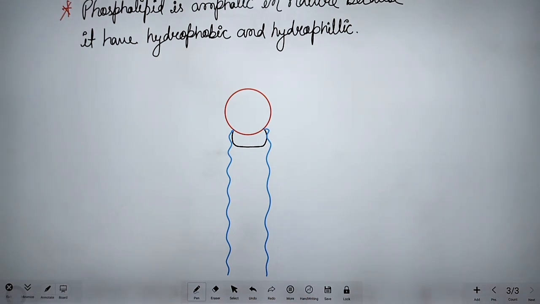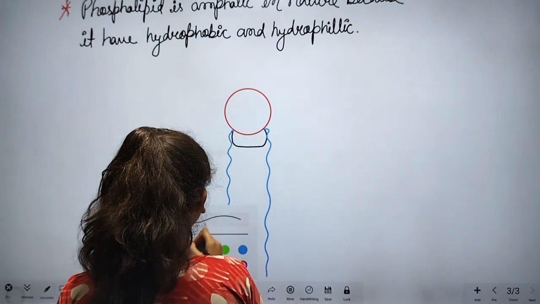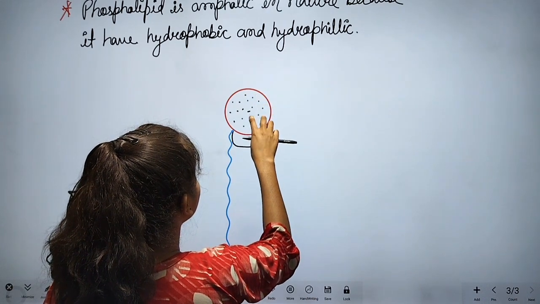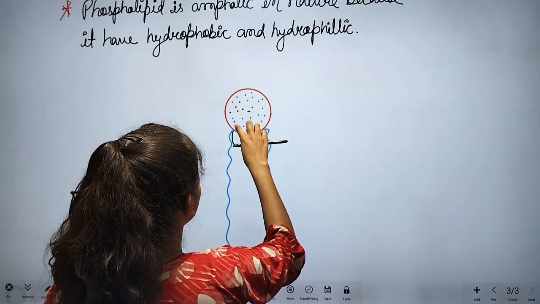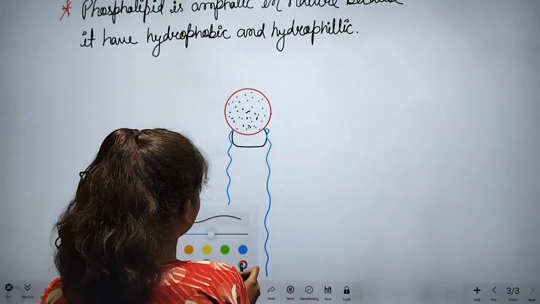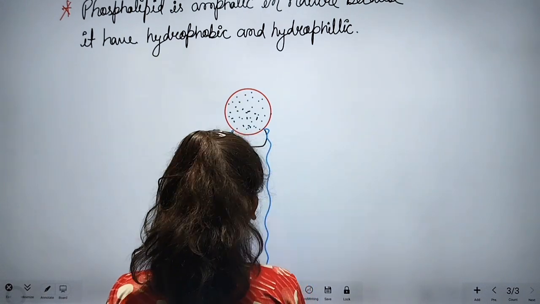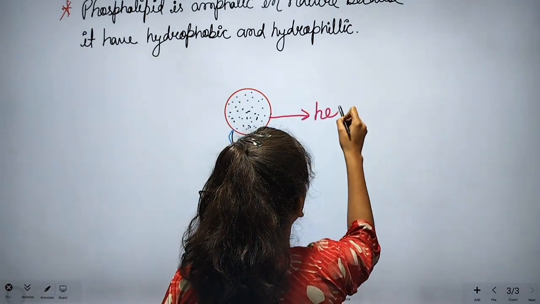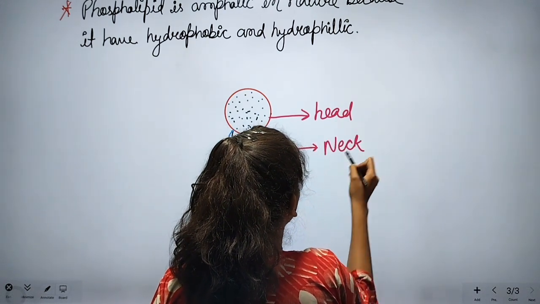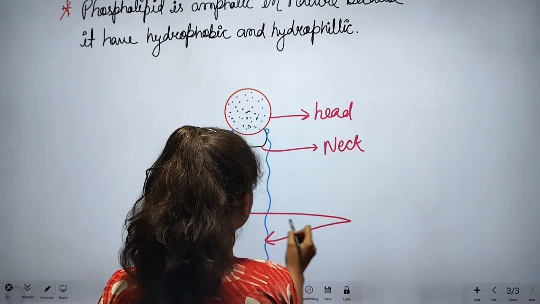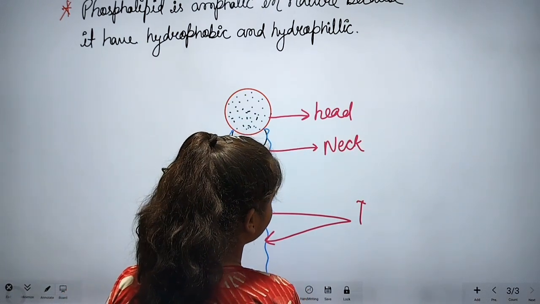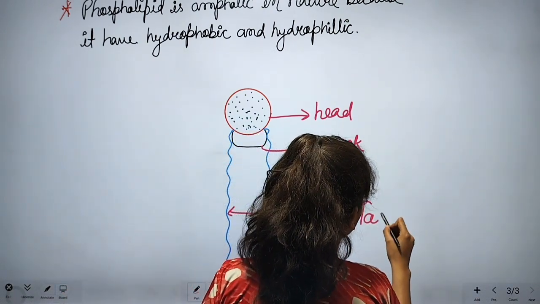Okay. Here this one is the head. This black part is the neck, and these two are the tail.